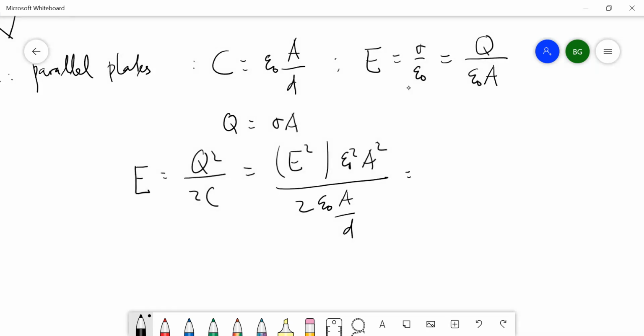This should be epsilon 0 over 2 E squared times A times d.